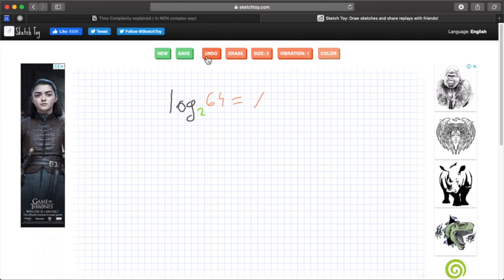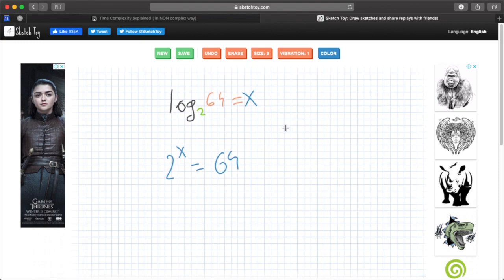What it means is: 2 to which exponent is 64?